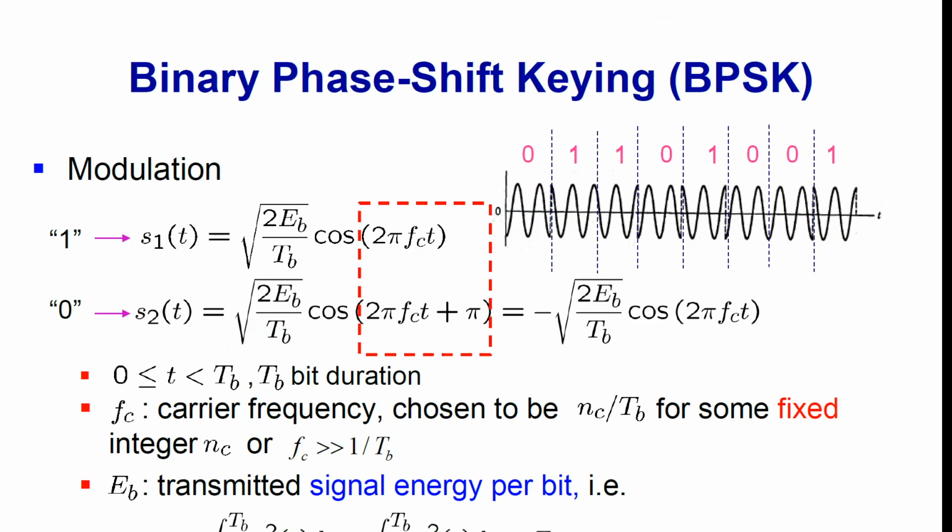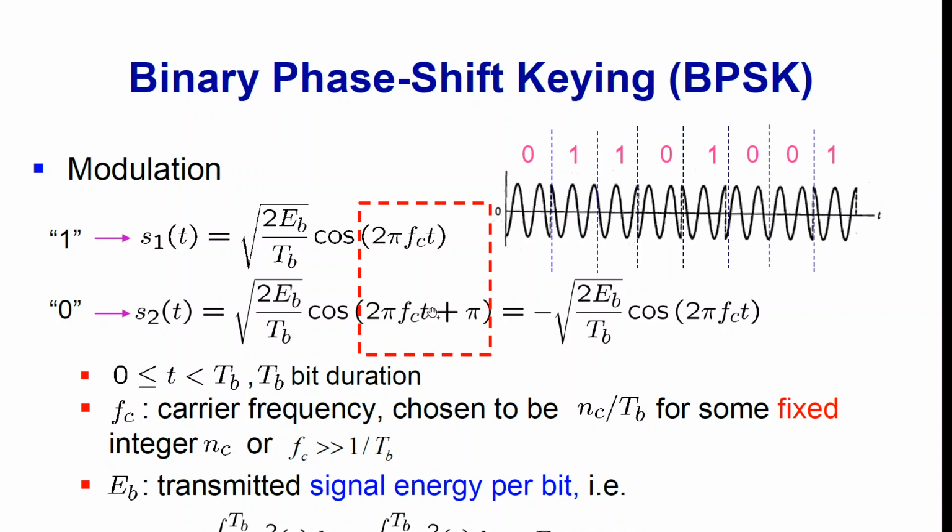So we'll start with BPSK. In BPSK, the symbol 1 is represented as, or 1 is modulated to, S1 of t equal to root of 2 EB by TB cos 2 pi FC t, and 0 is represented as S2 of t equal to root of 2 EB by TB cos of 2 pi FC t plus pi.